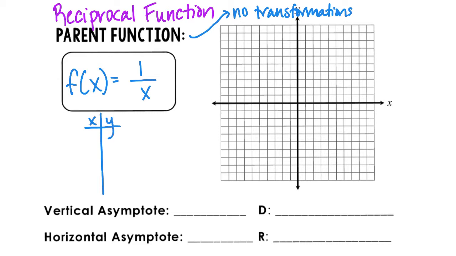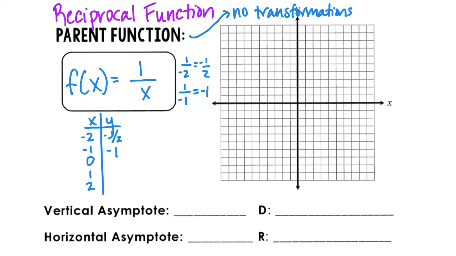So let's try -2, -1, 0, 1, and 2. So if we substitute -2 in for x, we get 1 over -2, which would be -1/2. And then if we substitute -1 in for x, we get 1 over -1, which would be -1.